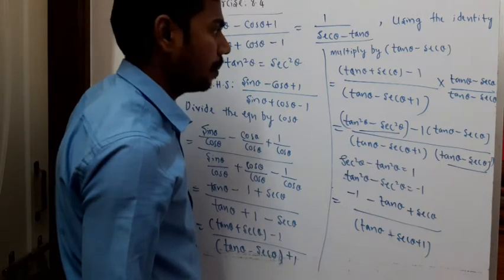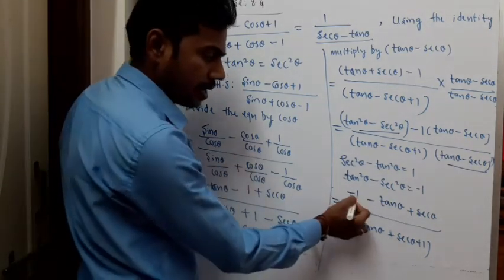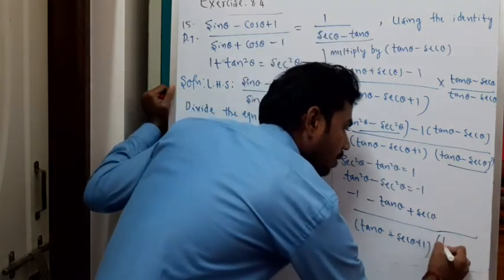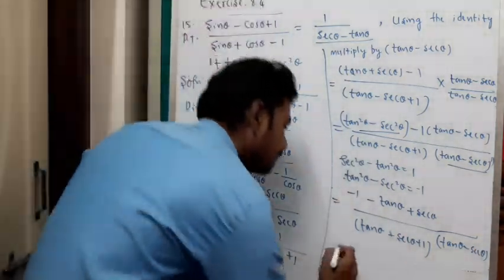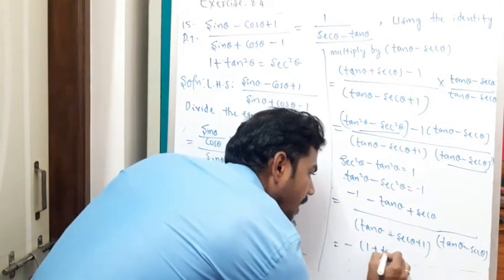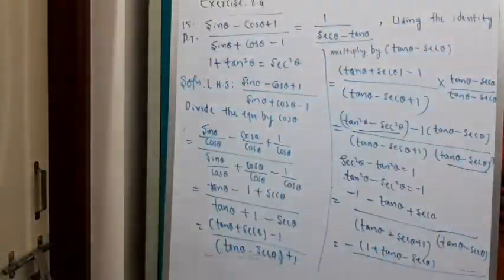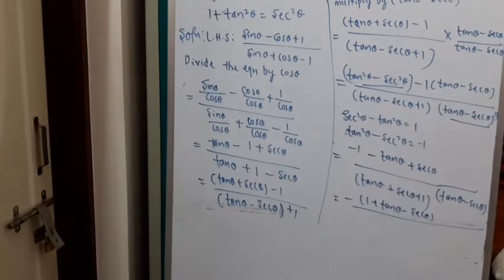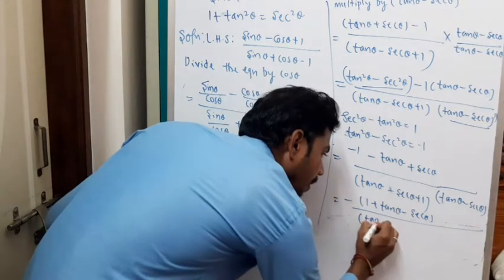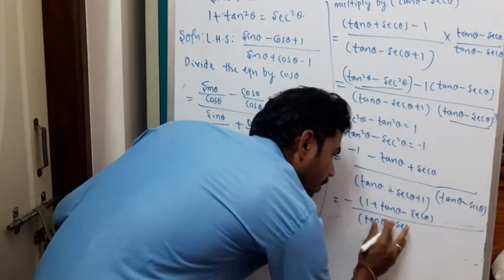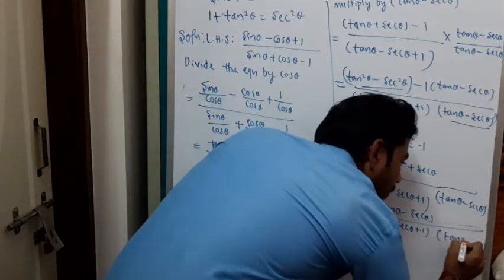The denominator will continue as it is. Now I'll take minus common out in the numerator: minus 1 plus tan theta minus secant theta, divided by tan theta minus secant theta plus 1, and then divided by tan theta minus secant theta.